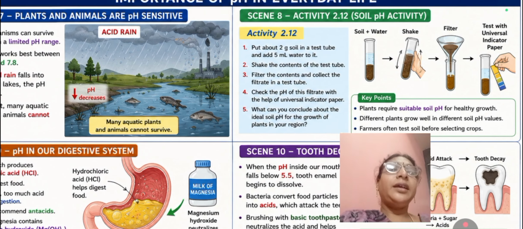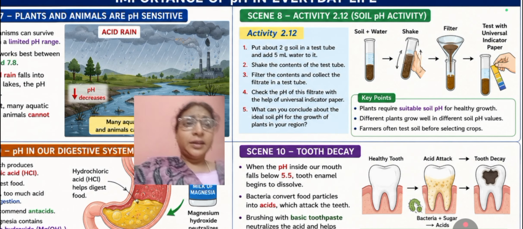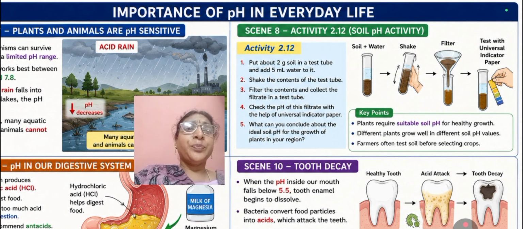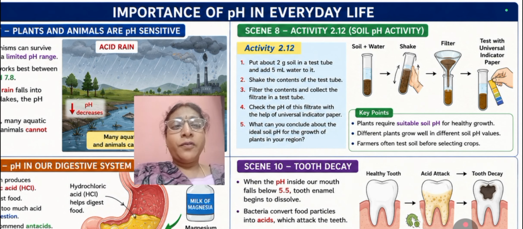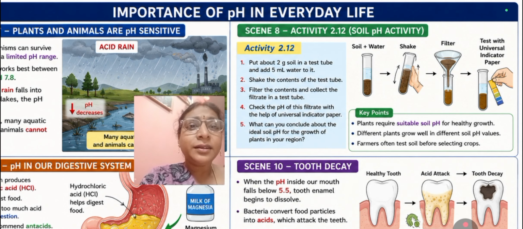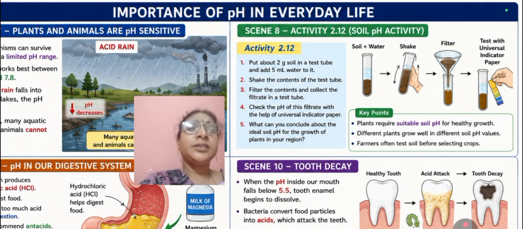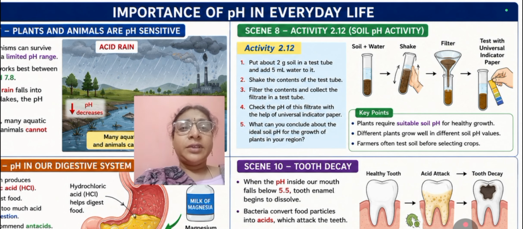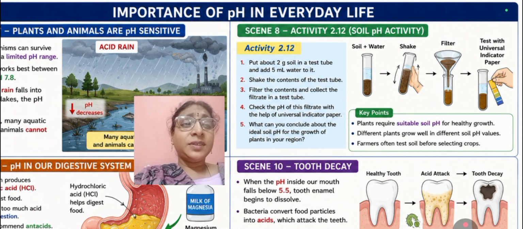Another use of pH is in soil pH activity, used to grow plants and do agriculture. First, farmers test the soil to see whether it can be used for agriculture or not.